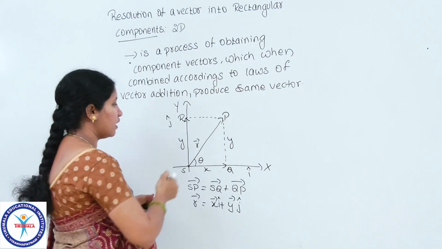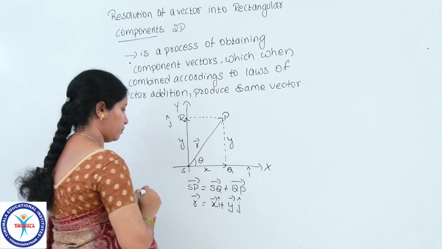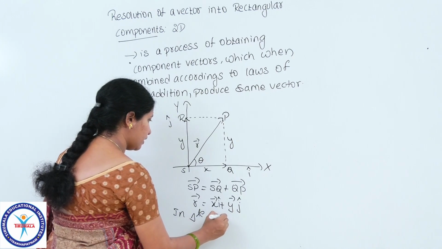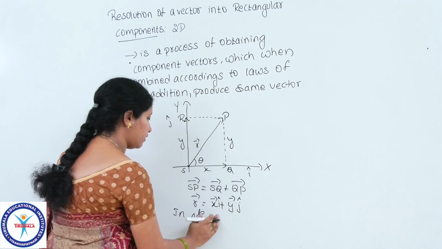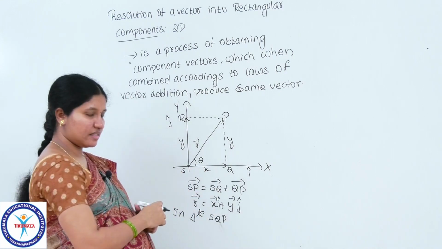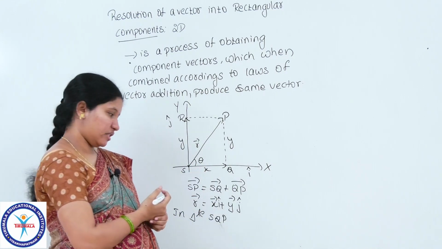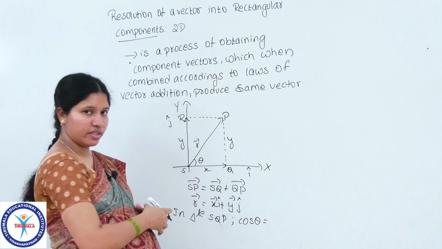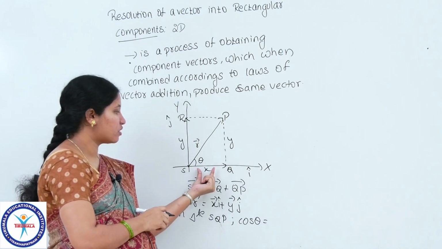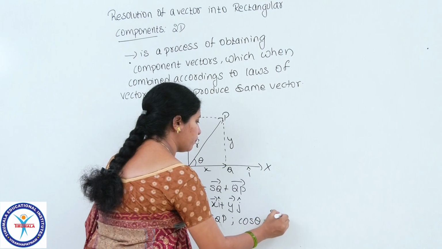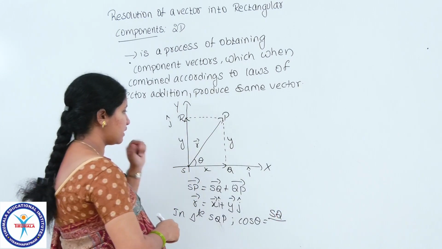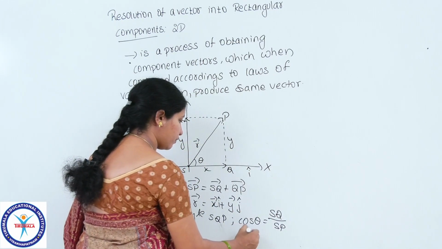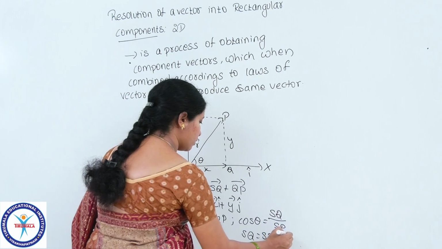Now, let us consider triangle SQP. In this triangle, cos theta is equal to adjacent side by hypotenuse. Adjacent side is SQ, hypotenuse is SP. So, SQ is equal to SP into cos theta.